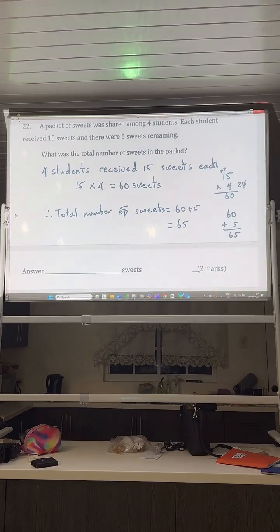Yeah. Okay, good. You can't have fancy formulas here. You know these formulas, guys? But this is just a simple layman's terms way to do it, and you can do it this way also. So my answer here would be 65 sweets. We just did it like this using statement form.